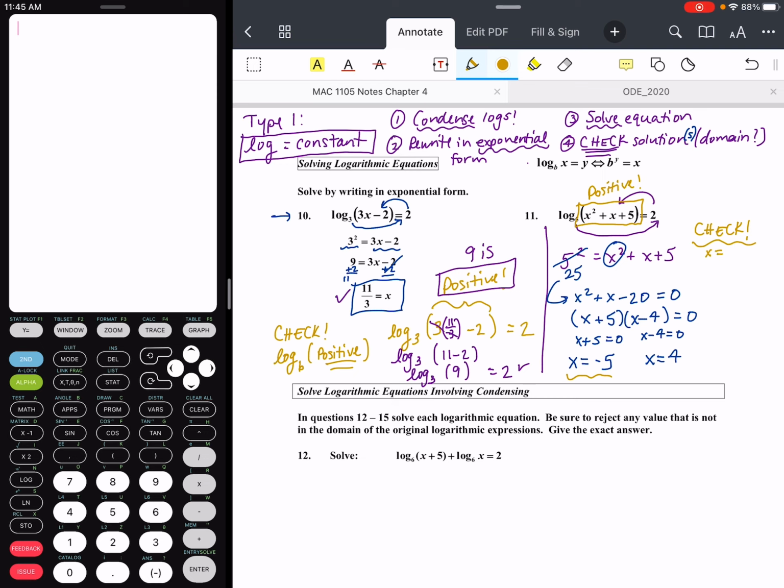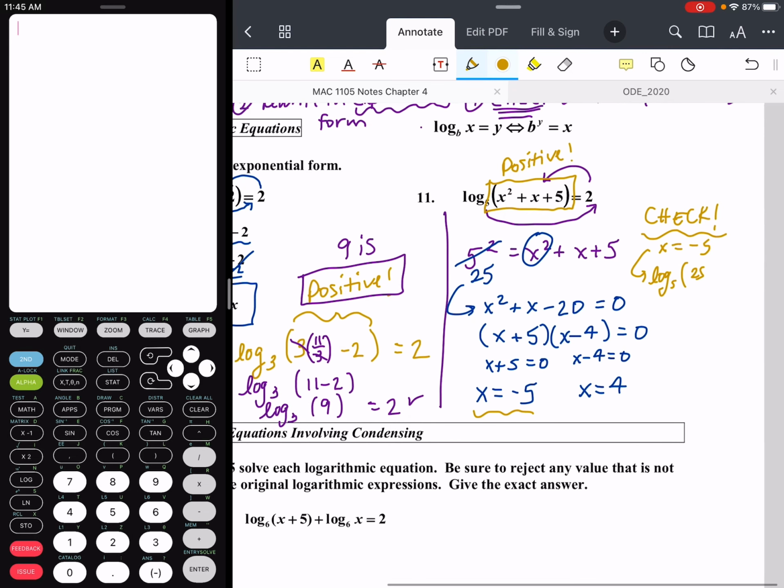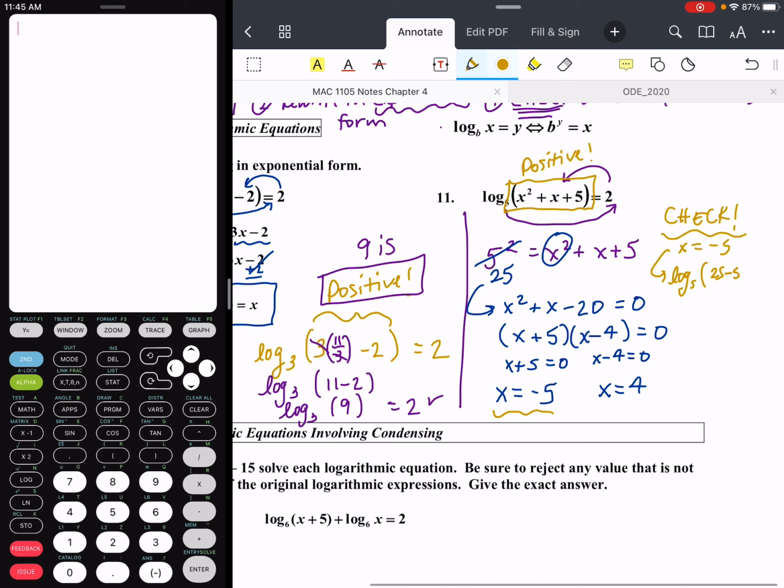So for x equals negative 5, I would be taking the log base 5 of negative 5 in parentheses squared, which would be 25, plus x would be minus 5, and then plus 5. So I'd be taking the log base 5 of 25.